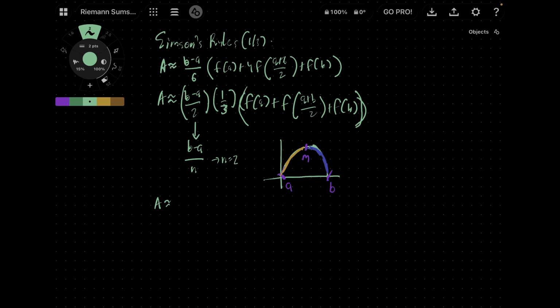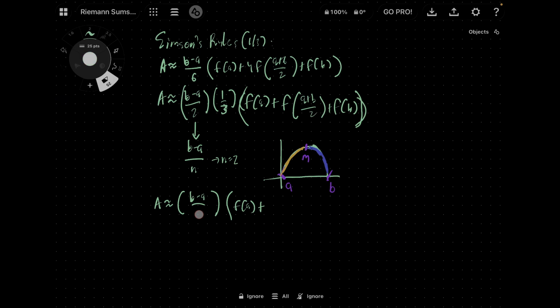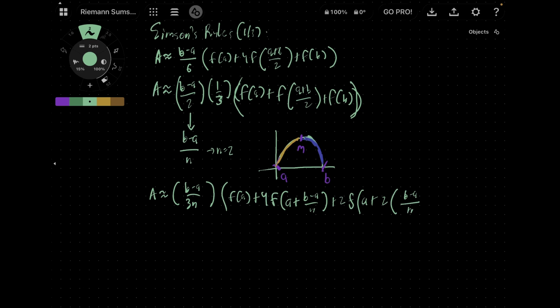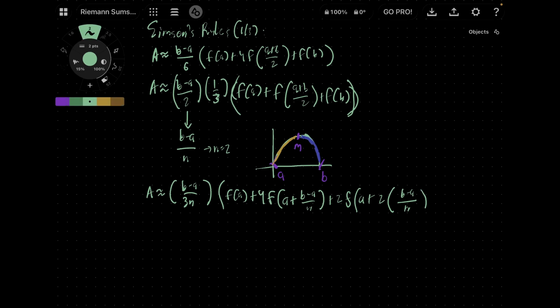The area is approximately (b minus a) divided by 6 multiplied by f of a, plus (b minus a) over 3n multiplied by f of a, plus 4 multiplied by f of (a plus the step size, so a plus (b minus a) over n), and then plus 2 multiplied by the function at a plus 2 multiplied by (b minus a) over n, which is again twice the step size, so we're moving forward.